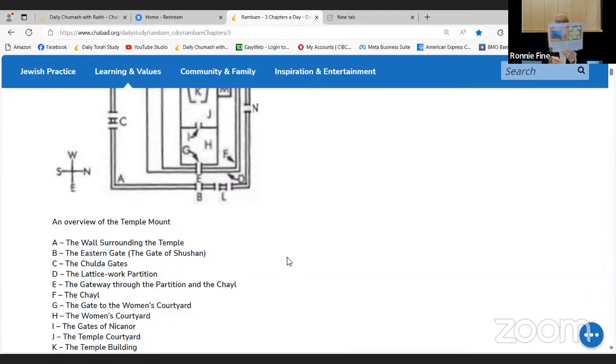This is the entire picture of Har HaBayit. Here's an entrance. What did we just say?